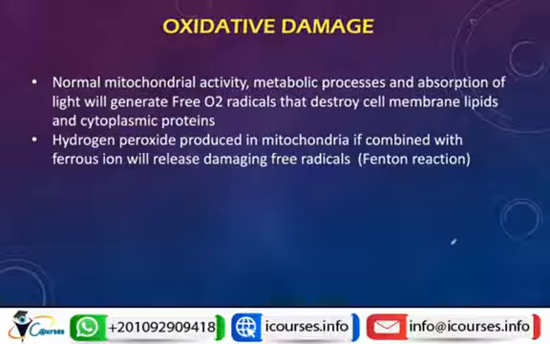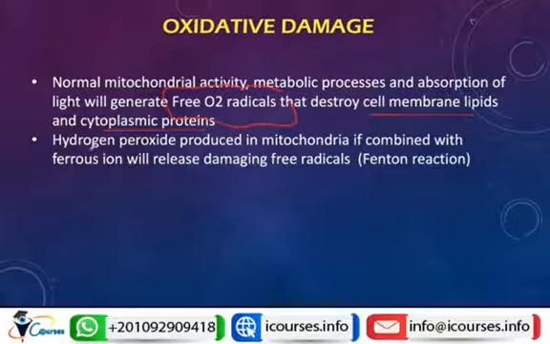Since the mitochondria is a very metabolically active organelle, the metabolic process will generate some harmful products called oxygen-free radicals. The problem with these oxygen-free radicals is that they destroy the cell membrane lipids and cytoplasmic proteins, and this is one of the reasons that will cause loss of the cell, as it has been destroyed by its own metabolic products.